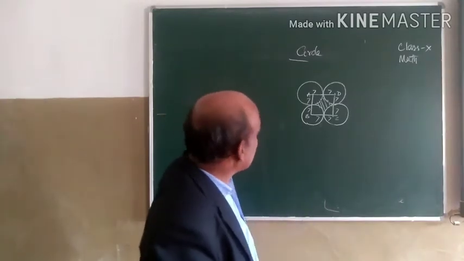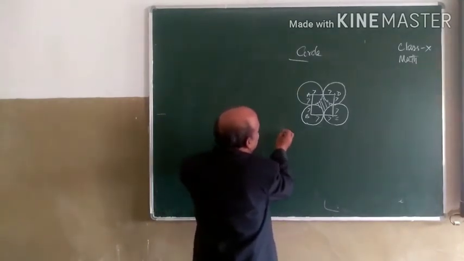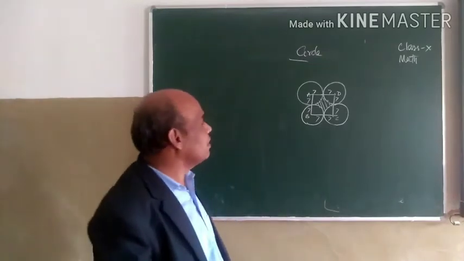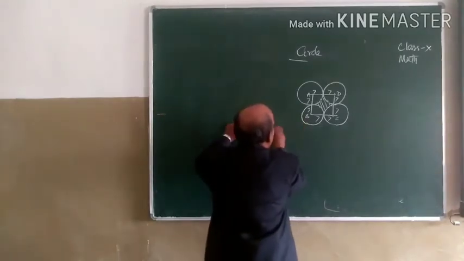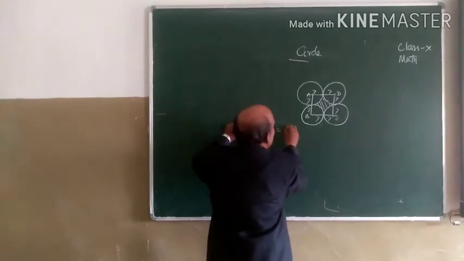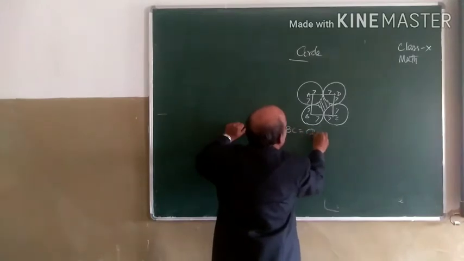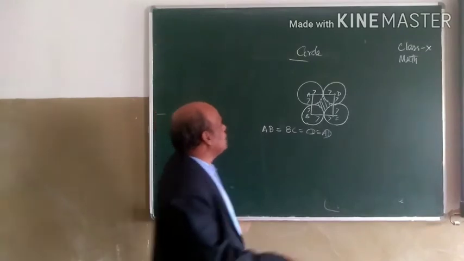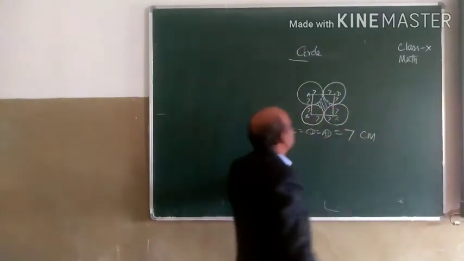Now you see that all sides are equal here. So after joining you get AB is equal to BC is equal to CD is equal to AD. So all are equal to 7 centimeter.